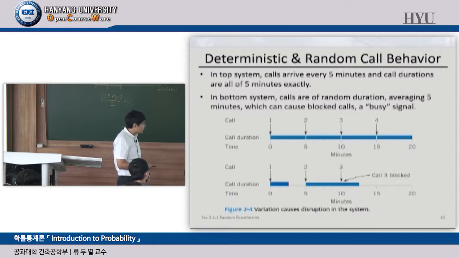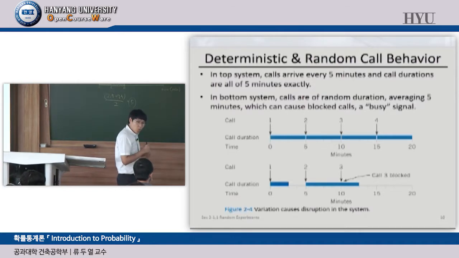So in that case, one line is not enough to prevent the blocked call. So we have to increase the lines. But as I mentioned previously, if we increase the number of lines, the cost also increases. So we have to find the optimum number of lines to minimize the cost and to prevent the blocked call based on the probability.